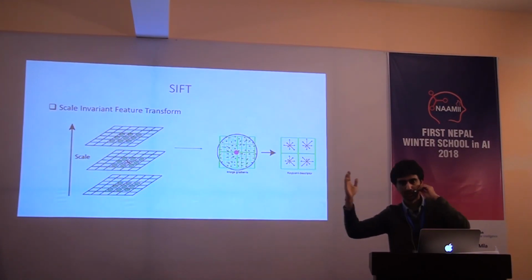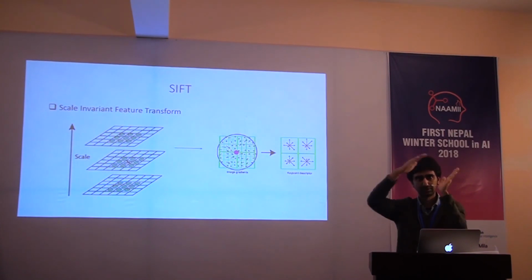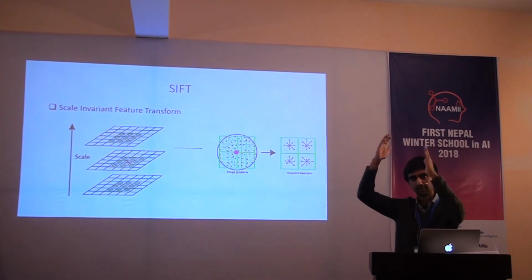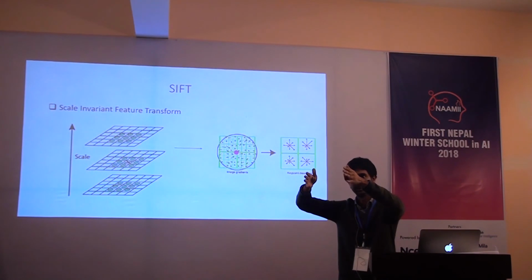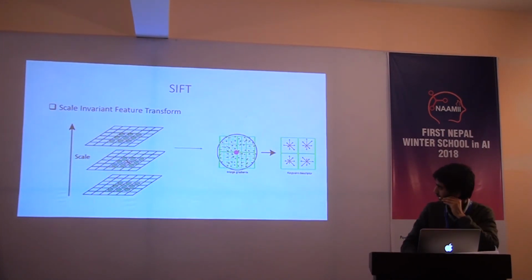You collect gradients facing this direction in one, and gradients facing this direction in the other, and you sum them up. So that becomes something like this. And then you just concatenate all these magnitudes in 8 different directions.